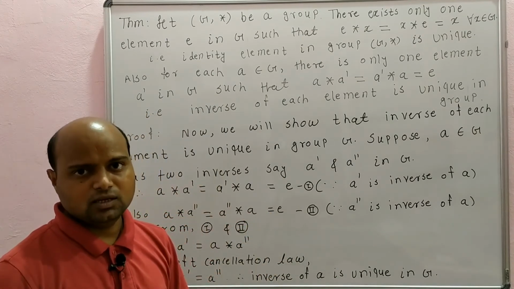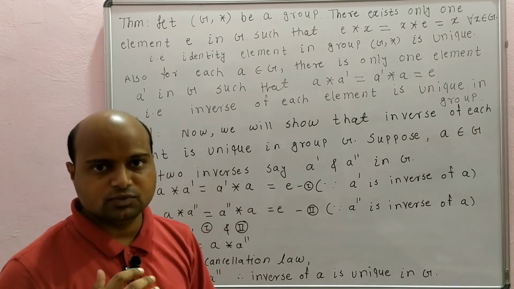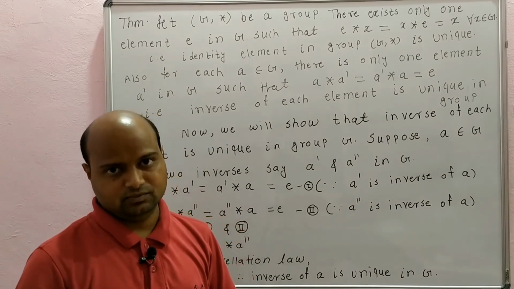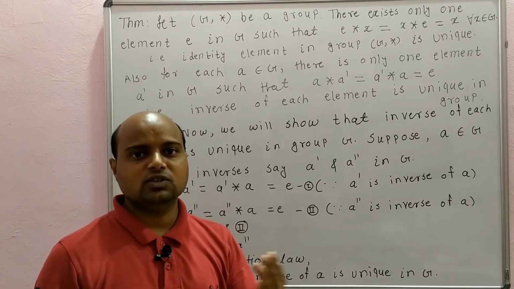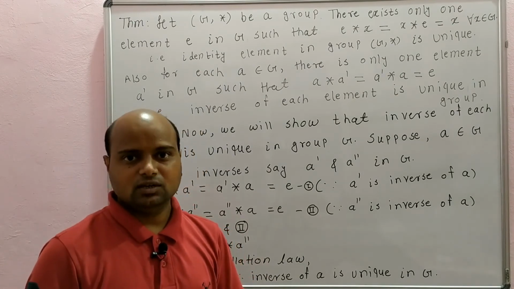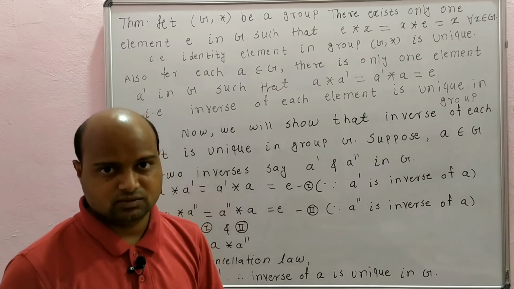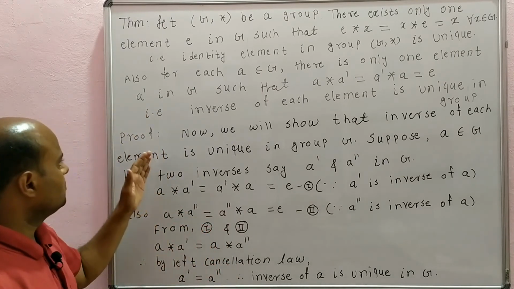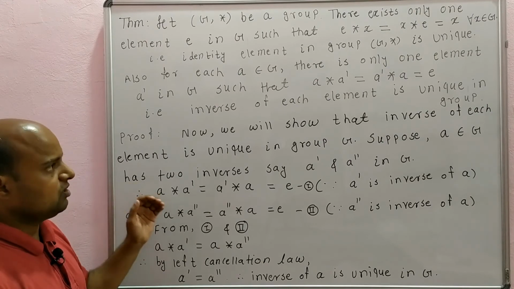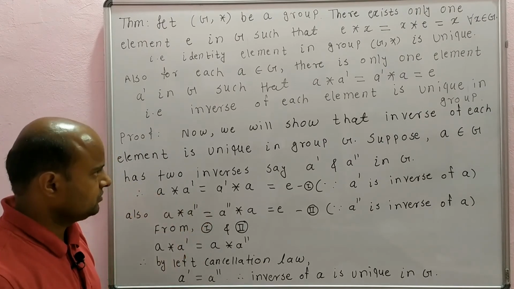If A is any element of a group G, then it has a unique inverse A dash. It could not have two inverses A dash and A double dash. Distinct inverses will not exist. So we will prove the uniqueness of the inverse of each element.